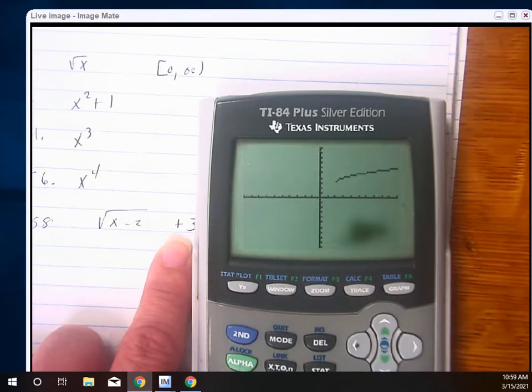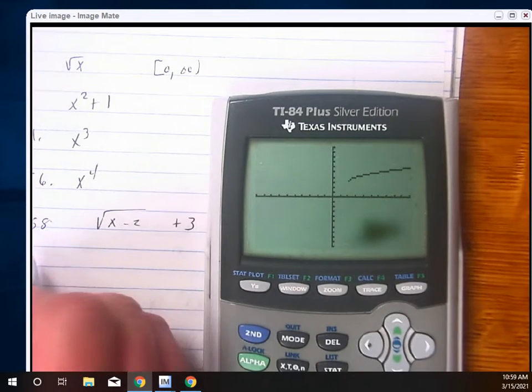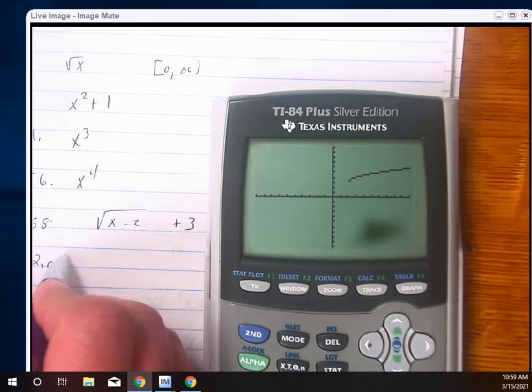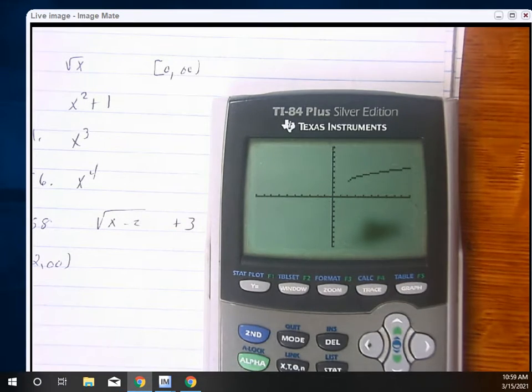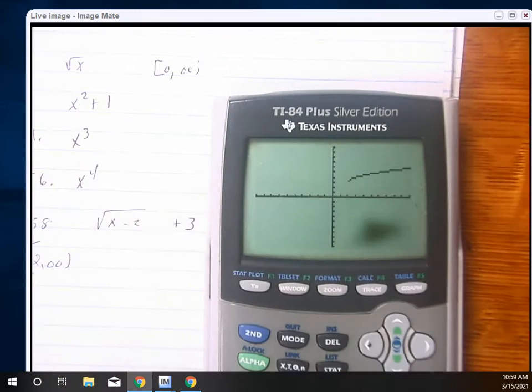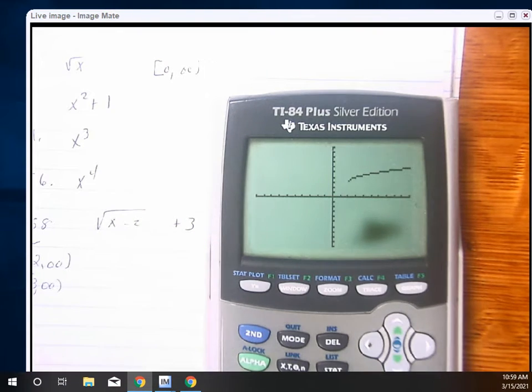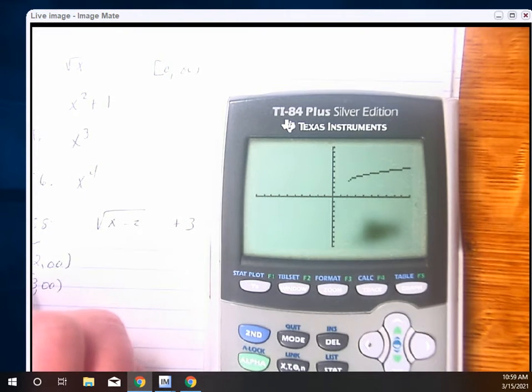What is the domain? 2 to infinity. Now my question is 2. Is it going to be a bracket or a parenthesis? Bracket. What is the range? And again, can it be bracket or parenthesis? Yeah. If you put a 2 in, you get out a 3. Okay.